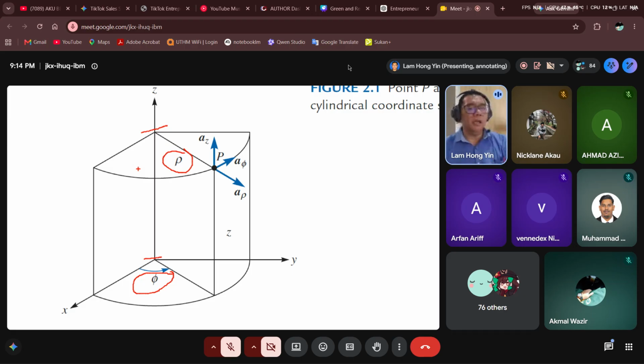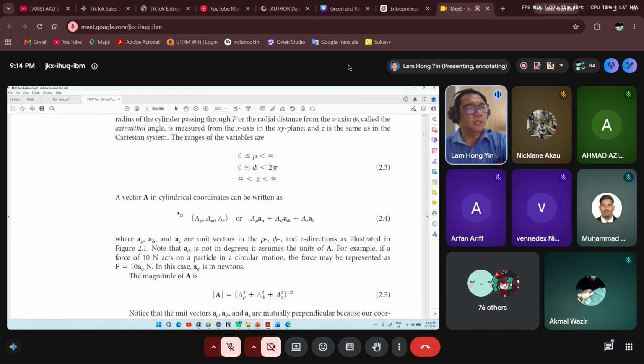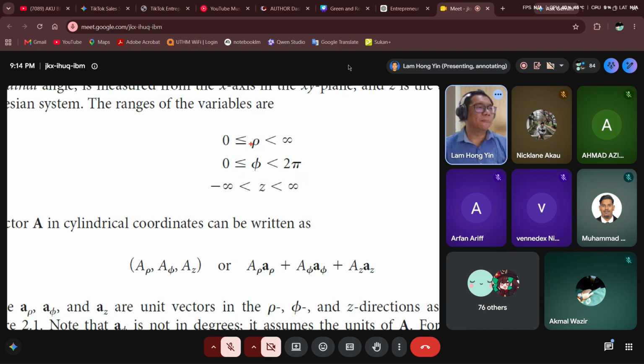So each of them has limitations. And what are the limitations? Your rho can only start from 0 to infinity. You cannot have a negative radius, right? So definitely the limitations of the parameter should start from 0 up to infinitely large.